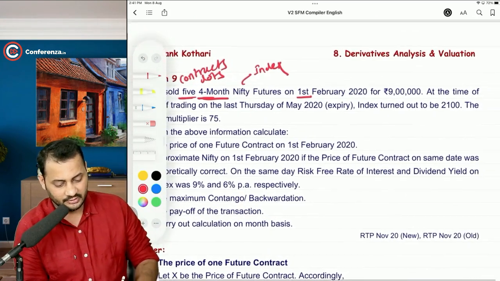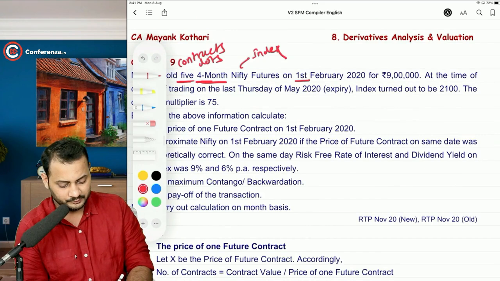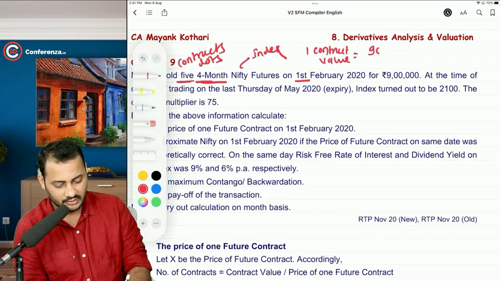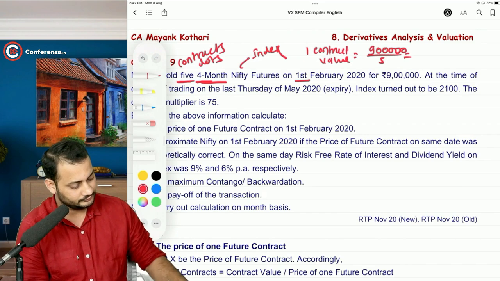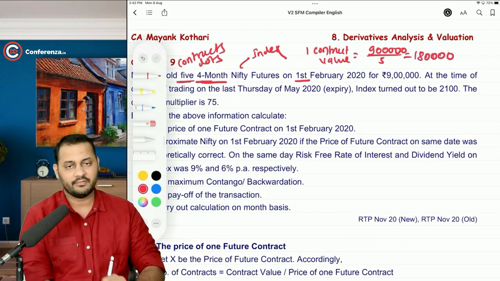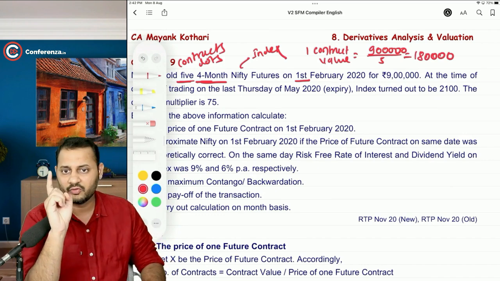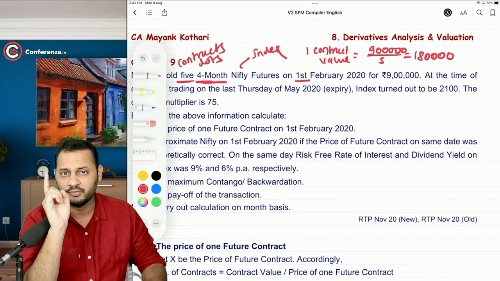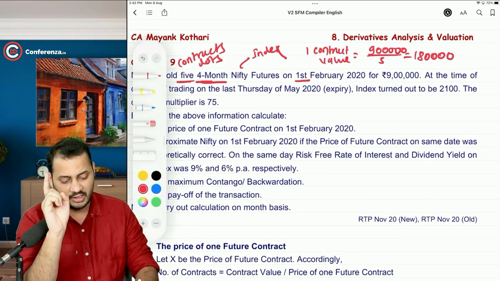Now understand, the total contract value, one contract value will be very simple, 9 lakh divided by 5. This is a reverse question. So the contract value of one forward contract or Nifty in futures is 1,80,000.